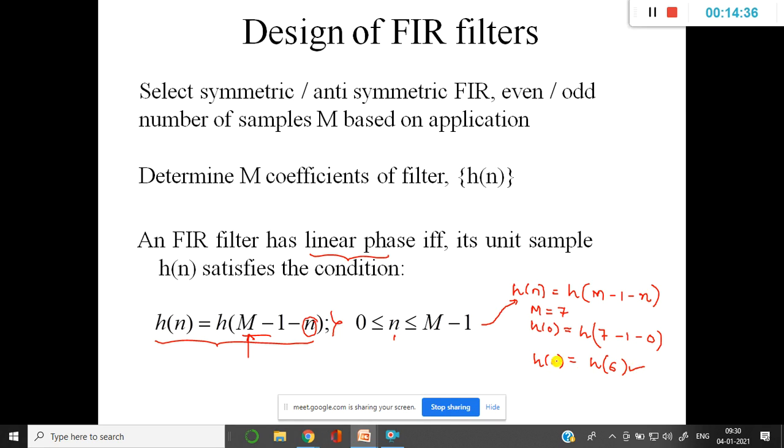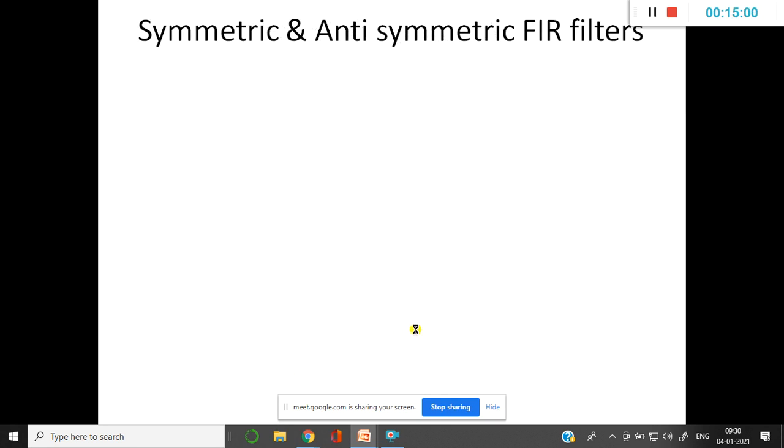If this condition is satisfied, then similarly it continues for h of 1, h of 2, h of 3, and so on. If this condition is satisfied, then I call that particular signal linear phase. If not, then it is not going to be linear phase.